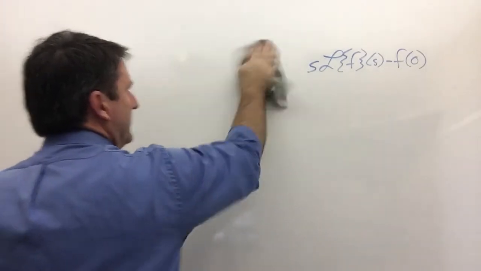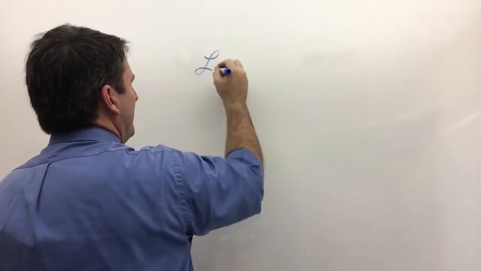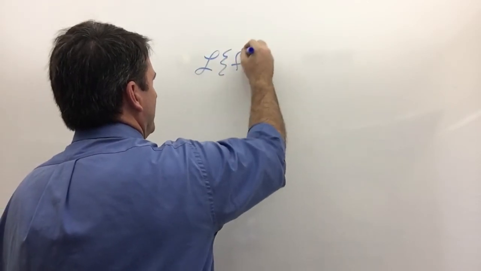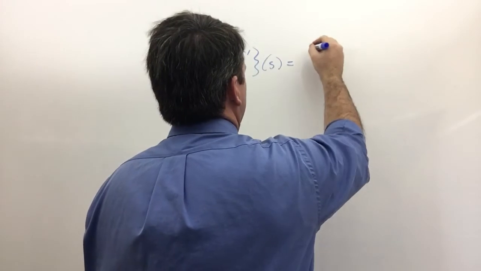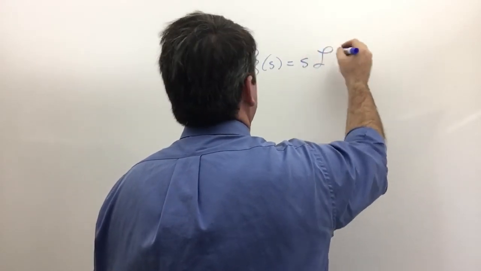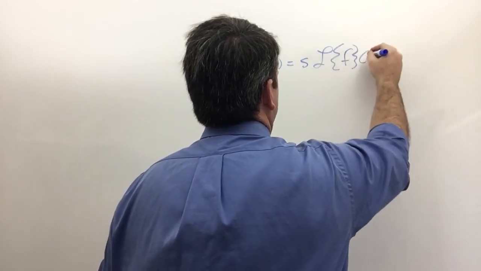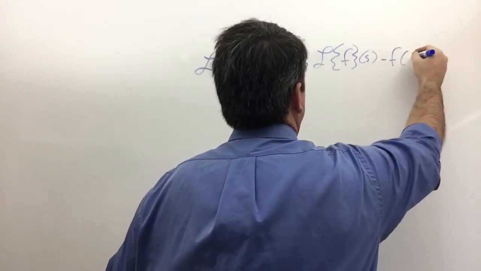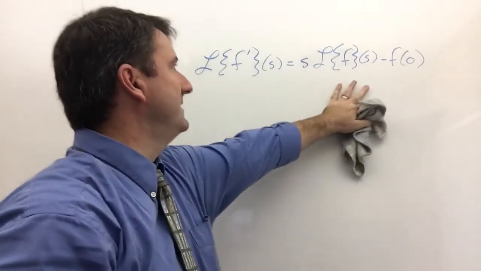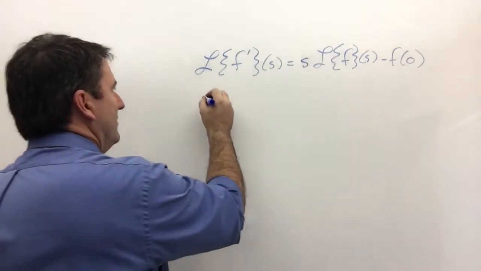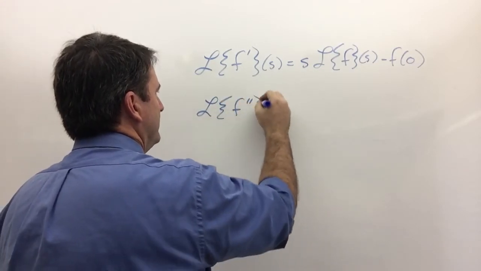Right, before I leave this, let me put this back up here: the Laplace transform of f prime is equal to s times the Laplace transform of f, minus f of 0. I want to do really quickly, if we know that this is true, then what would be the Laplace transform of the second derivative?